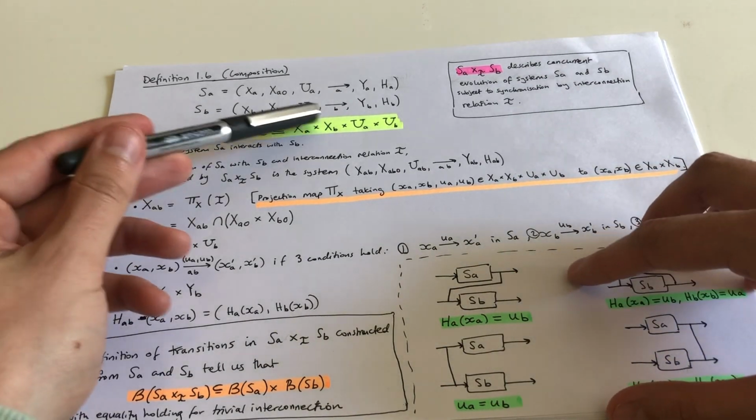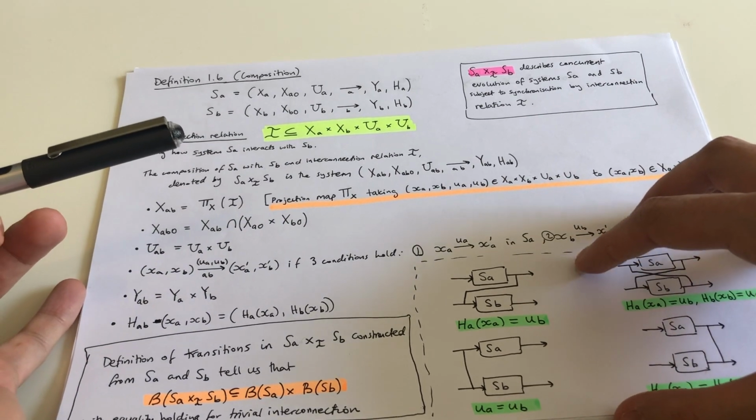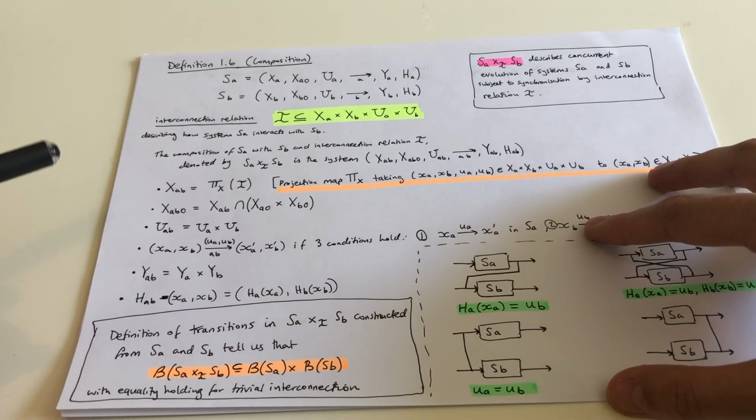So one thing that's great about defining it this way is that then we can learn some things about the behavior of the system and about the type of composition we have going on.